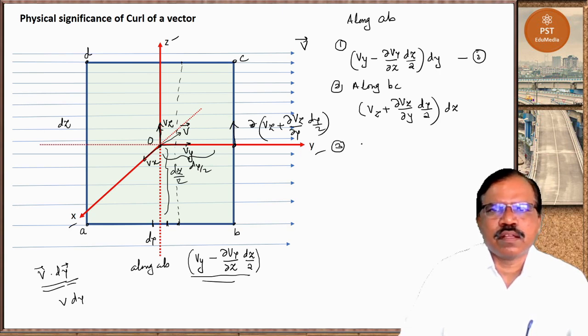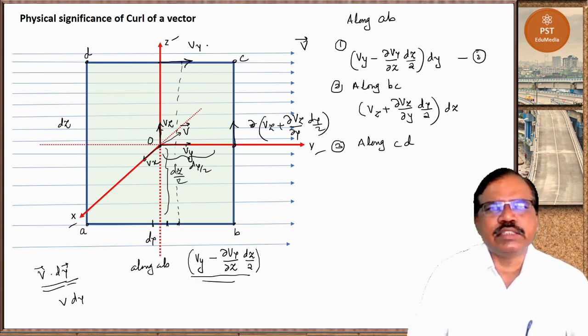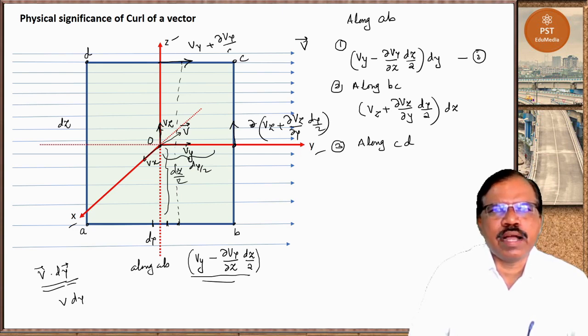Third, along CD. Now here, the component of the vector field along the y-axis will be Vy plus ∂Vy/∂z into dz/2.